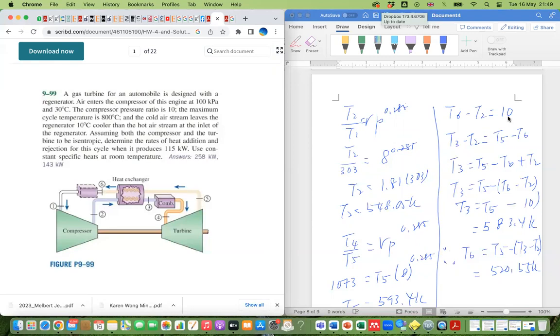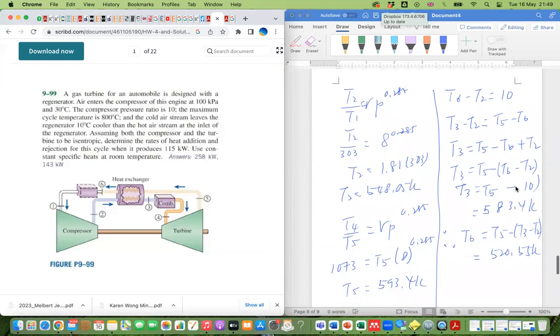Well, ideally, T3 minus T2 equals T5 minus T6. And I move my T2 to the other side. Okay, so I simplify it. I can get T5 minus T6 minus T2. Okay, T6 minus T2 is 10. And therefore, I have T3 equals T5 minus 10.